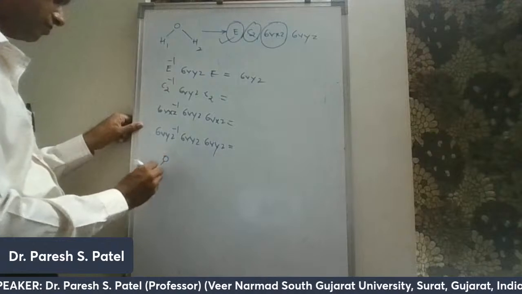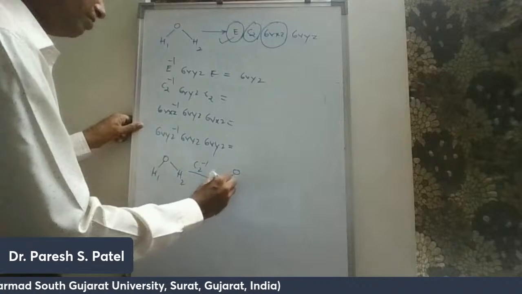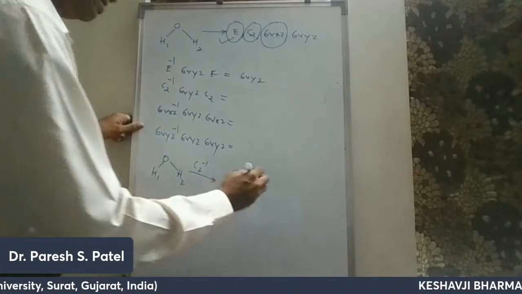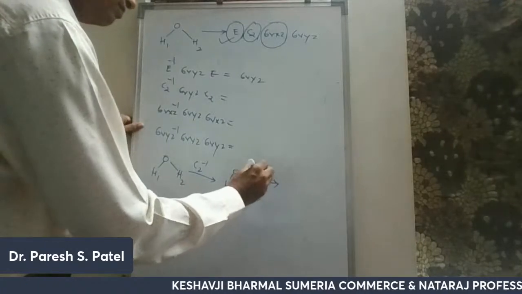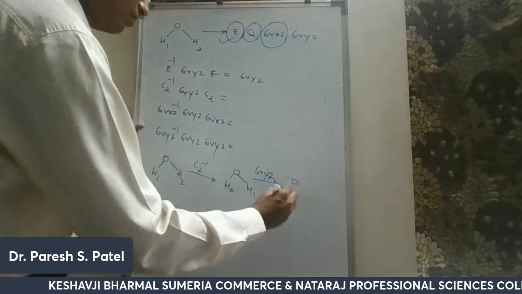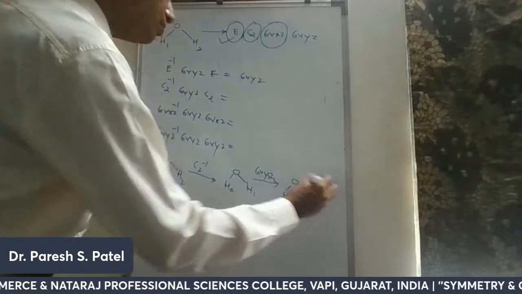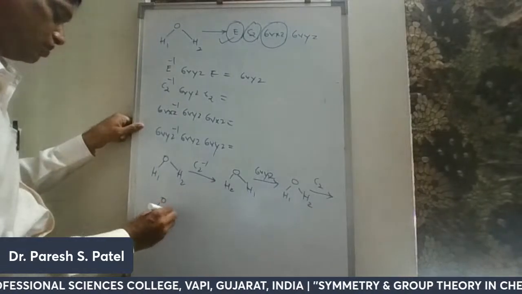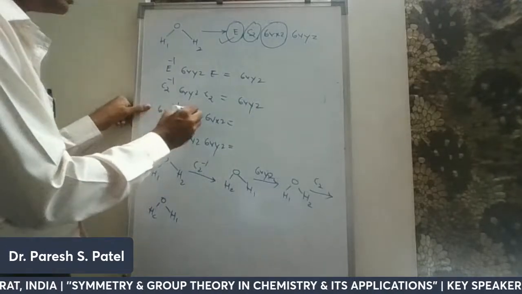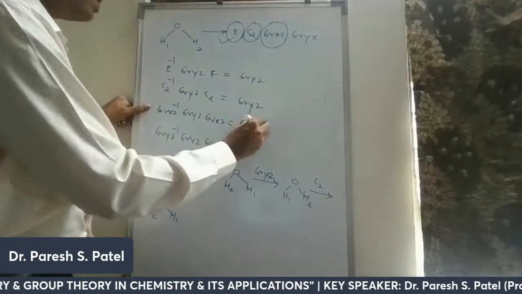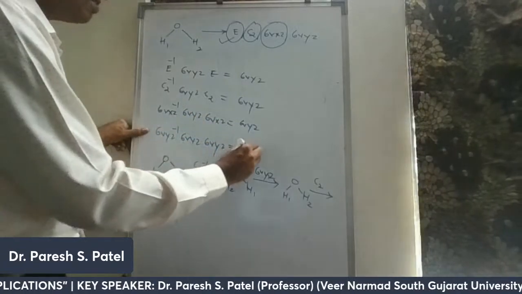Next, C2 inverse, it means H2 to H1, sigma V YZ, H1 H2, and then C2, so H2 H1. It is nothing but the sigma V YZ. Similarly, sigma V XZ inverse sigma V YZ sigma V XZ, so it is sigma V YZ. Over here, sigma V YZ inverse sigma V YZ sigma V YZ, so the overall result is sigma V YZ.